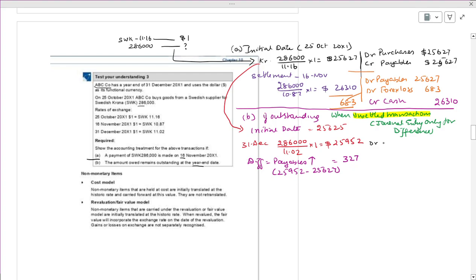Debit will be what? Debit will be profit and loss, foreign exchange loss. How much? The difference, 327. Credit will be what? Payables are increasing.